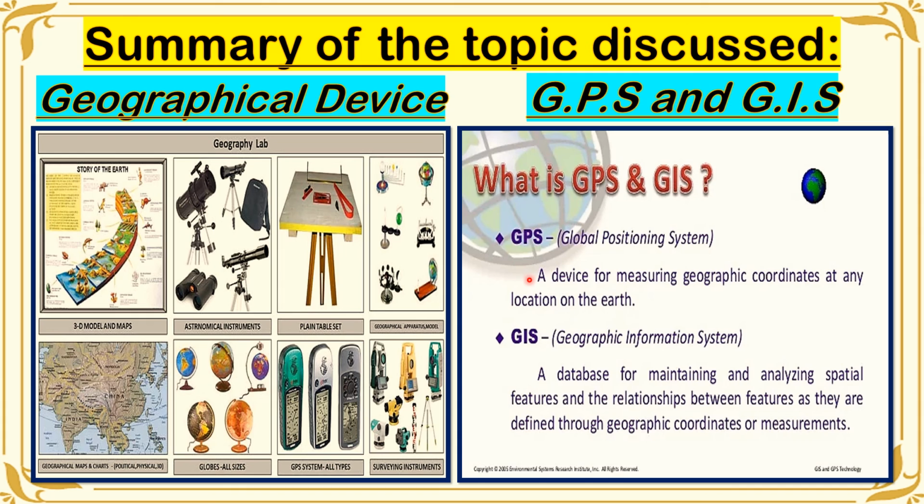It is a device for measuring geographic coordinates at any location on the Earth at any time of the day. GIS stands for Geographic Information System, a database for maintaining and analyzing spatial features and the relationships between features as they are defined through geographic coordinates or measurements.